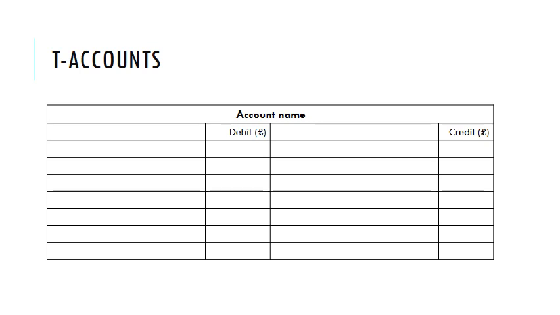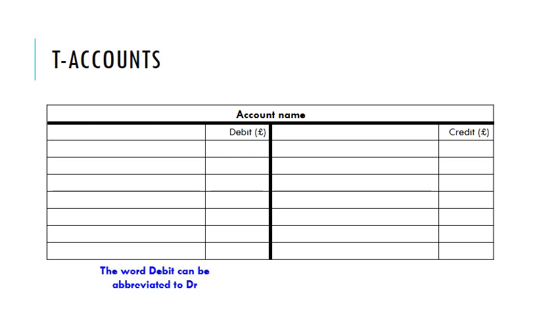We have a couple of columns on the left hand side of the page where we can write a description, and then under what's called the debit account we can write the amounts, and then on the right hand side we have another column where we can write a description of the transaction, and a column headed credit where we can write amounts as well. Now the word debit is often abbreviated to the letters DR, and the word credit is often abbreviated to the letters CR.